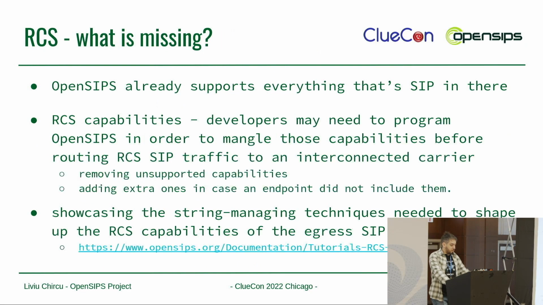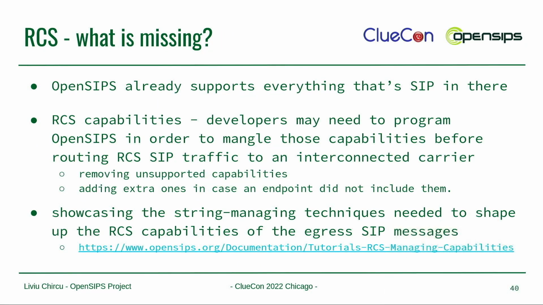So we support all of that already, but we gave it some thought, and maybe there wasn't that much easy control over these capabilities. I can't remember if we specifically added anything, but we just documented everything as part of a blog, on how to mangle these. It's just string management.